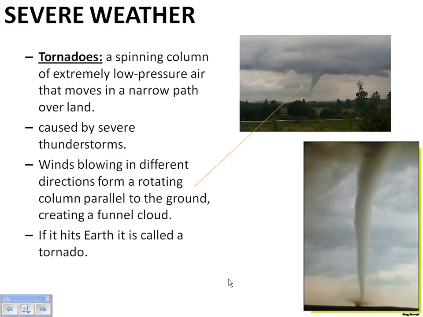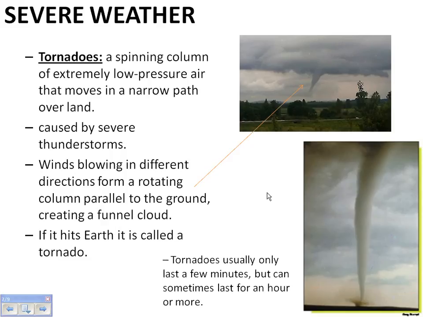Once that funnel cloud reaches Earth, then we call this a tornado. Tornadoes usually last a few minutes, but can sometimes last for an hour or more.